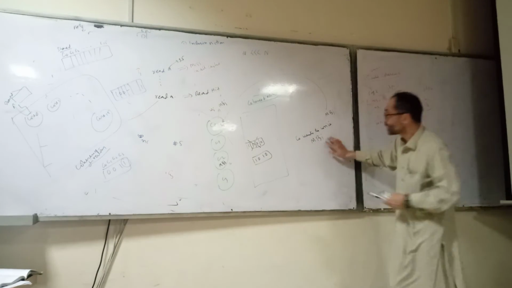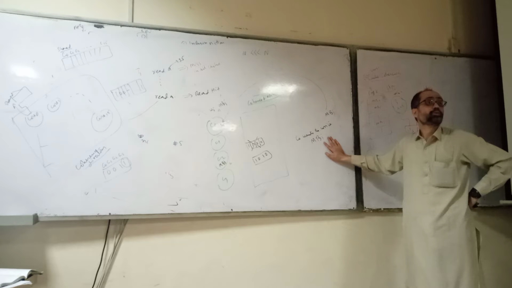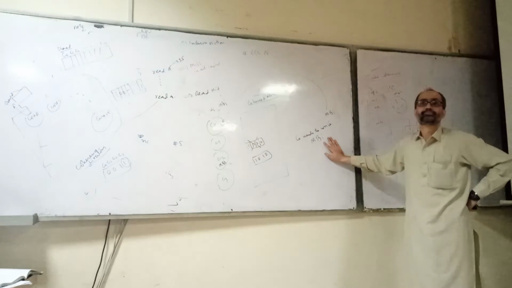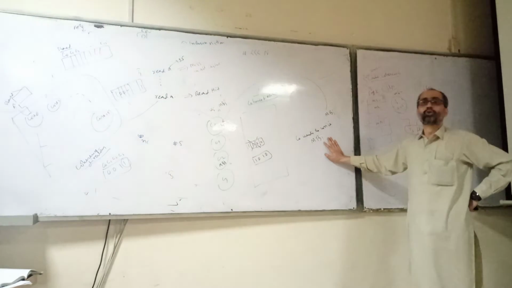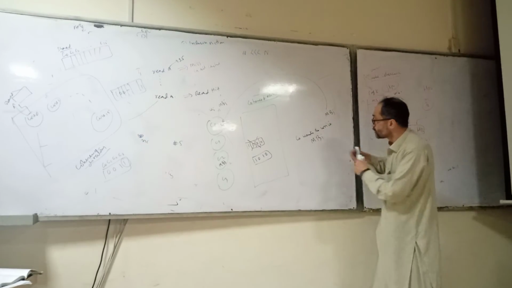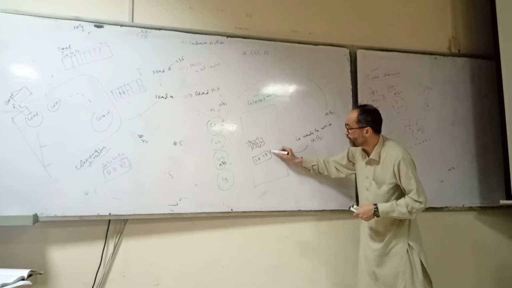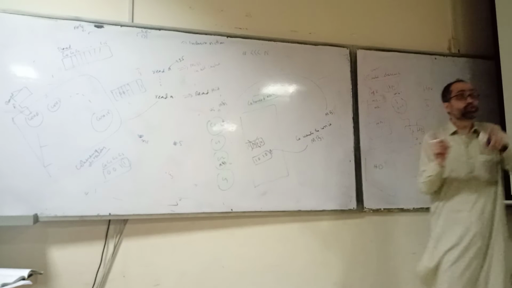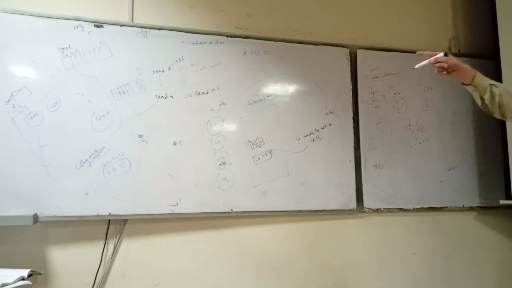Core 0 wants to write MBJ. What should we do now? हाँ? अपनी कॉपी एडिट करेगा, but it should inform whom? Core 2. So if core 0 wants to write MBJ, it will look into the sharing vector. And sharing vector is stored where? Directory.